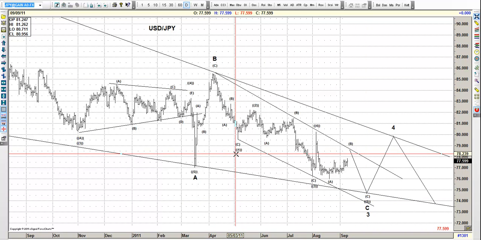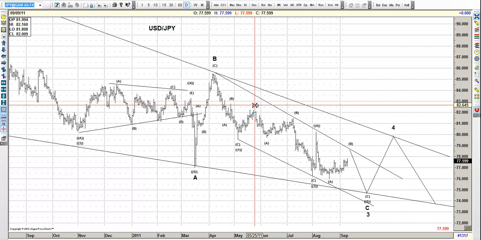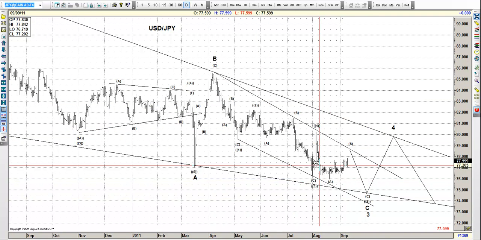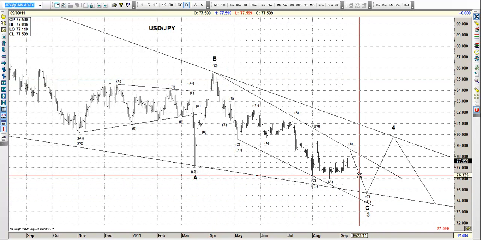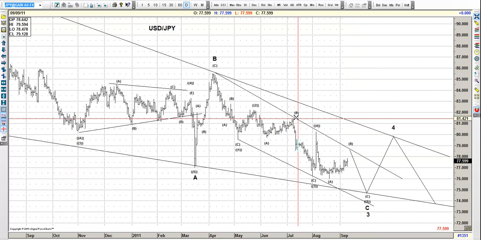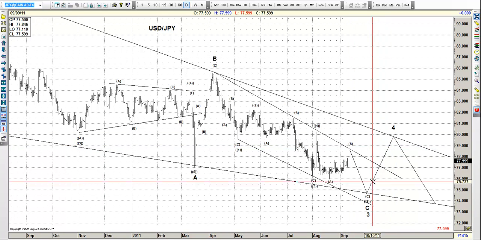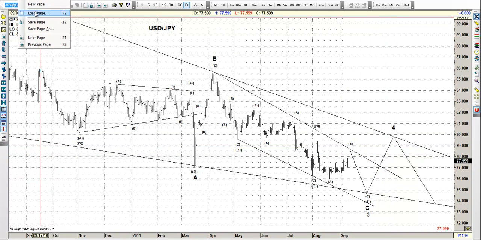A, B, C, 1, and then you got 2, and then you got 3 in 3 waves, 4, and then you got A, B, C. So it's like an ending diagonal where every leg has 3 waves. All right. So I see that it's going to test about this trend line. Then we need to consider that we are already in this leg of the dollar yen.